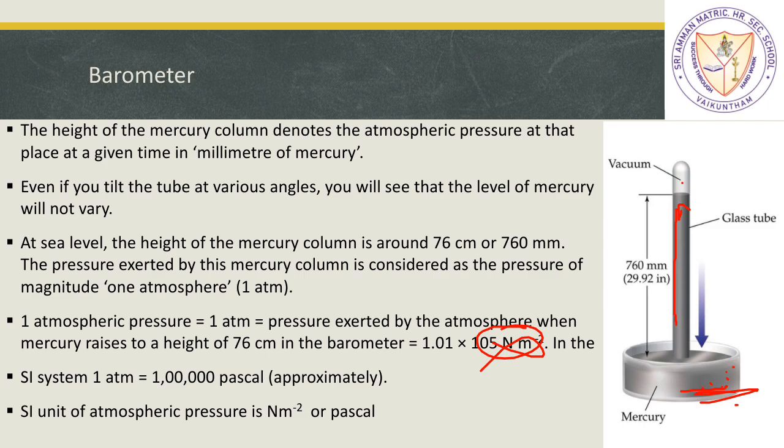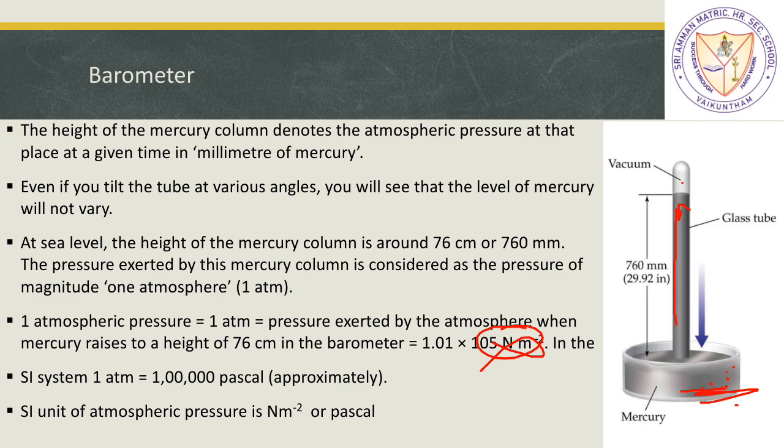The simple concept of a barometer, which uses mercury, was also discussed, where the height of the mercury column tells us the value of atmospheric pressure at that given place at that given time. So that completed the pressure exerted by the air.